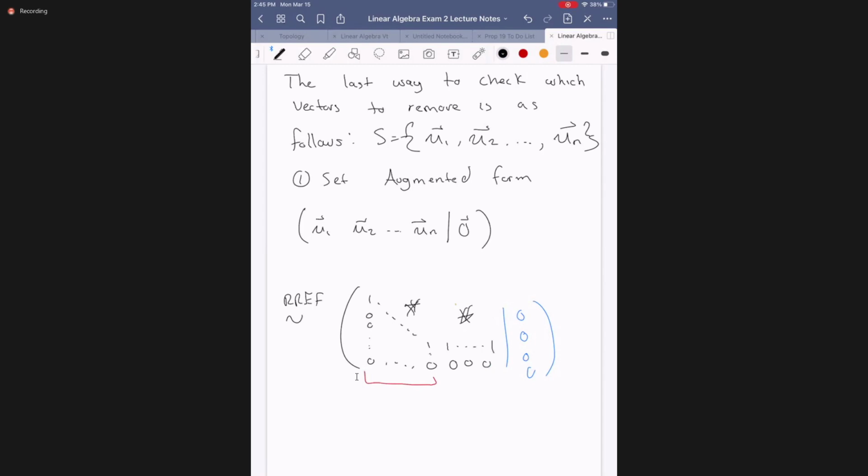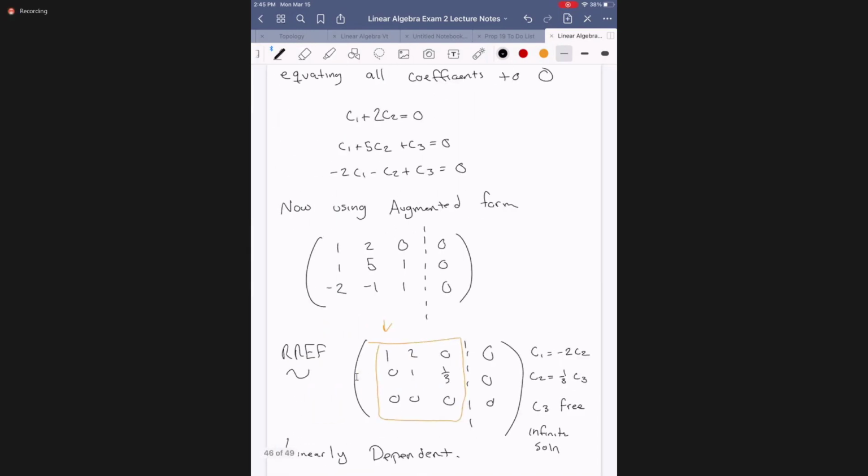Okay. So I don't think I told you guys about what pivot columns are, or maybe I did. So you see how here, the only part that's a diagonal is this part, and then everything else is zero.